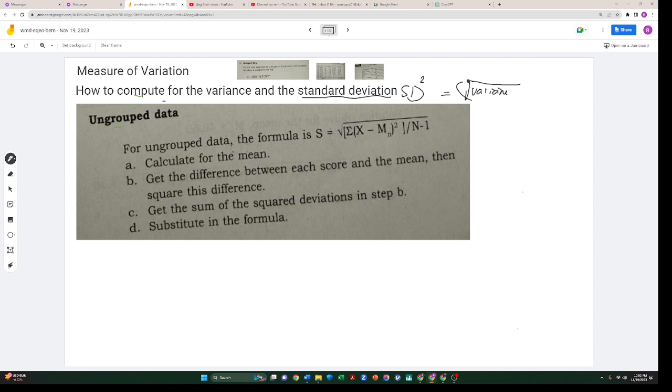It is a more stable measure of variation. Again, stable because it involves all of the scores in the distribution rather than just the range. So the standard deviation and variance are very important because they involve all scores in the distribution, rather than the range and the others.